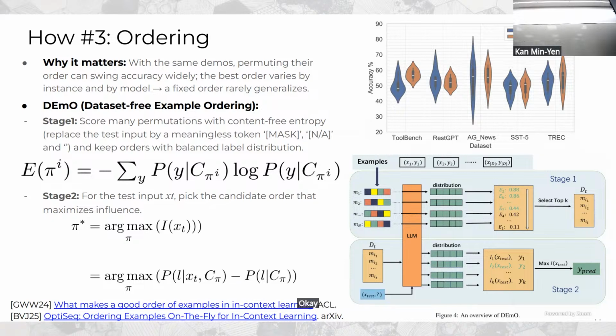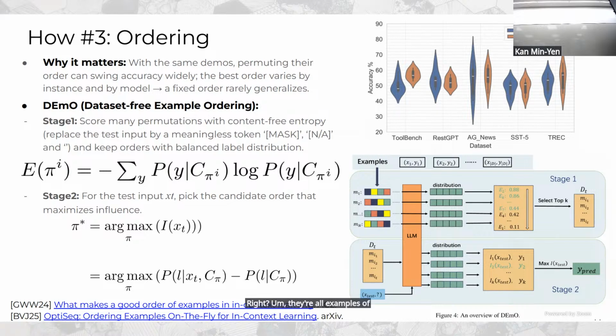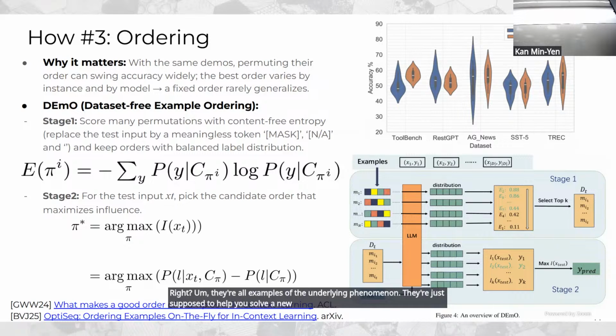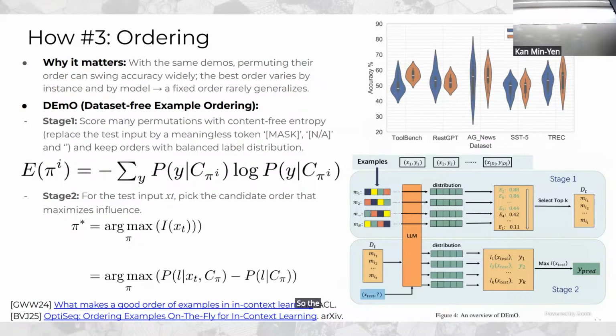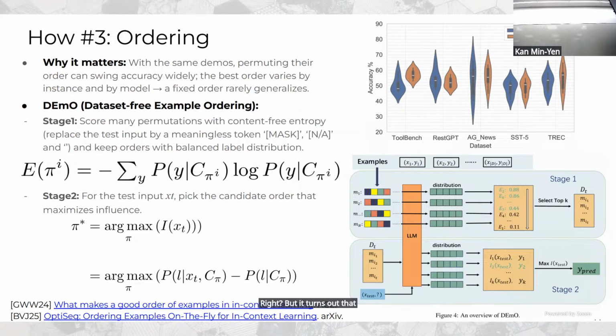Okay, and that doesn't make a lot of sense to us, right? It doesn't really matter which example you see first. They're all examples of the underlying phenomenon. They're just supposed to help you solve a new problem, right? So the problem is being given to you, but you're also given demonstrations about how to do this task. But it turns out that ordering matters, right?